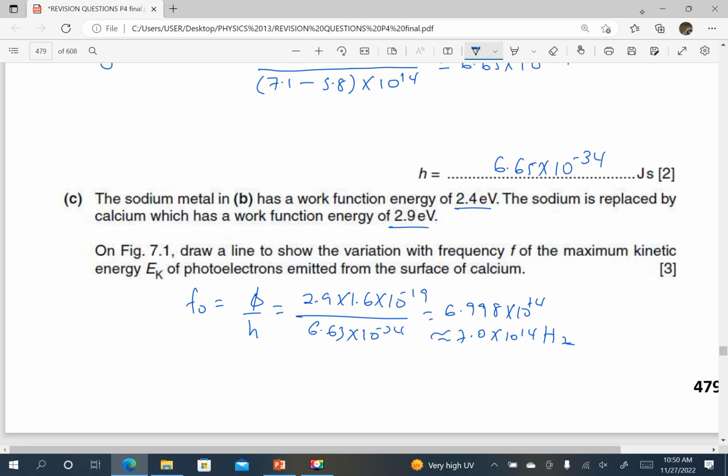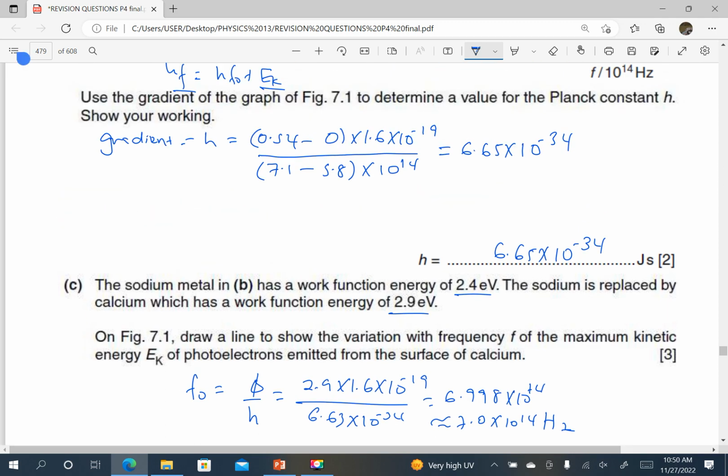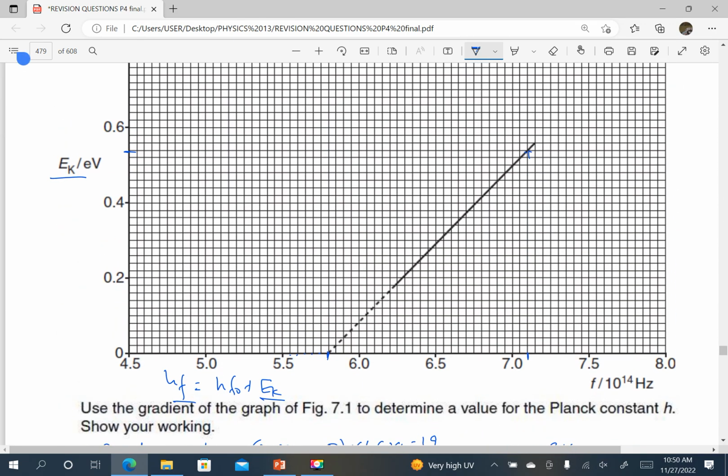It means my graph should go through 7.0 times 10 to the power 14 hertz and should be, of course, a straight line parallel to the one which is already there. So I have to draw a straight line parallel to the existing one, starting at 7.0 as the threshold.